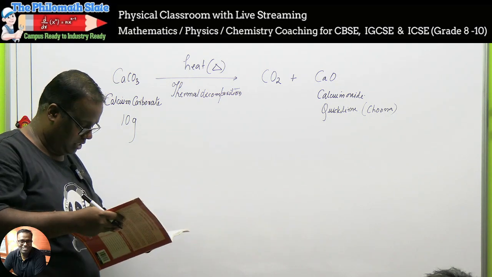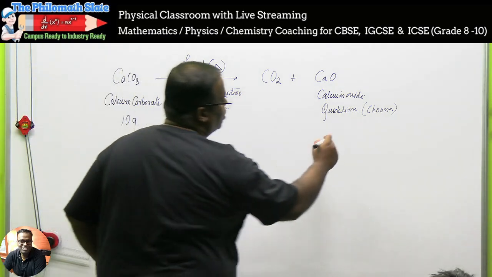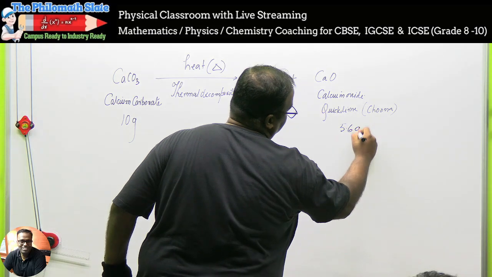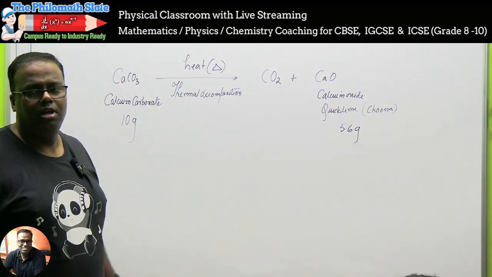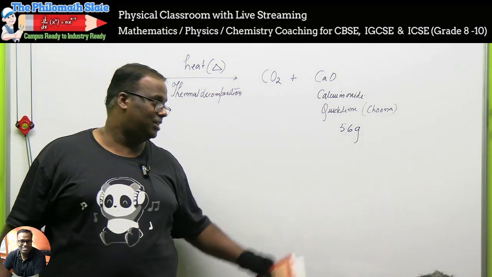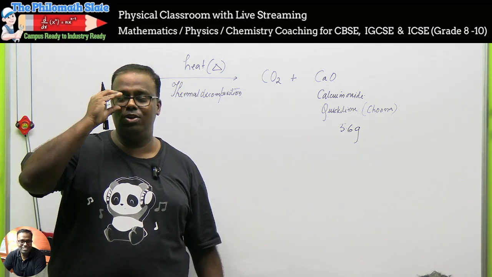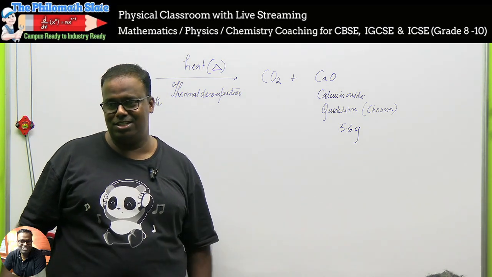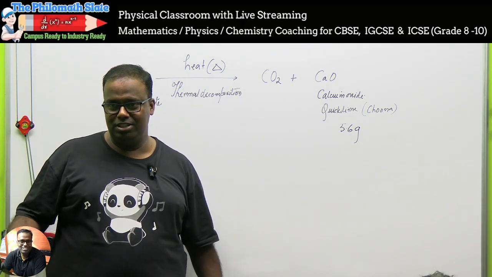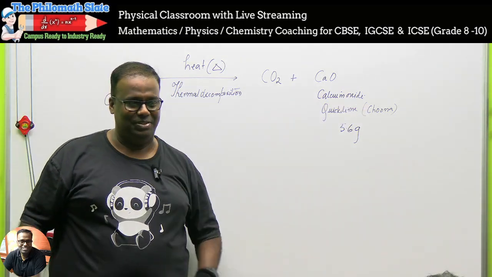Then 5.6 gram of calcium oxide is obtained. Why didn't they say carbon dioxide is obtained? Generally when you are doing the reaction, carbon dioxide is a gas. It disappears like Indrajit, you won't see it.